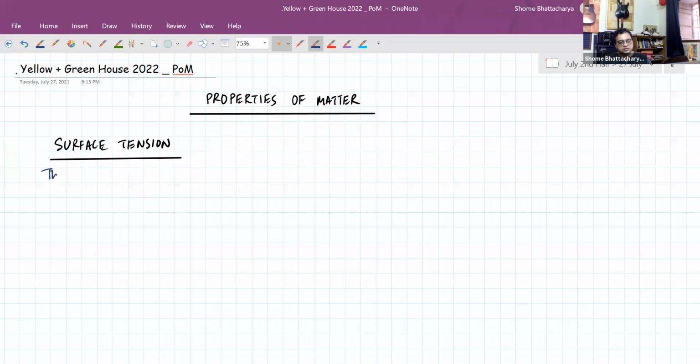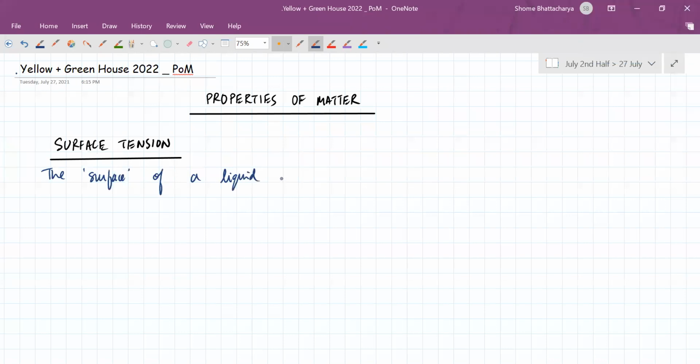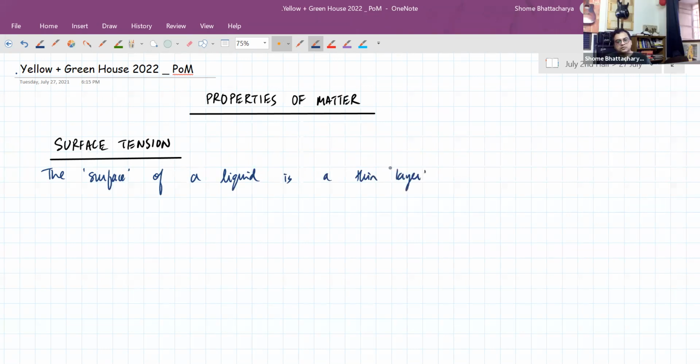So the surface of a liquid is a thin layer of molecules that exhibits elasticity.